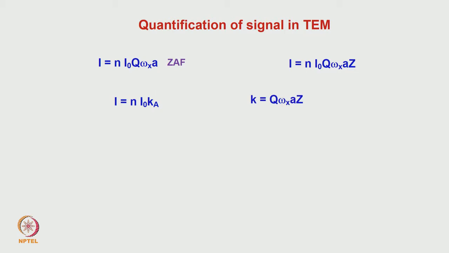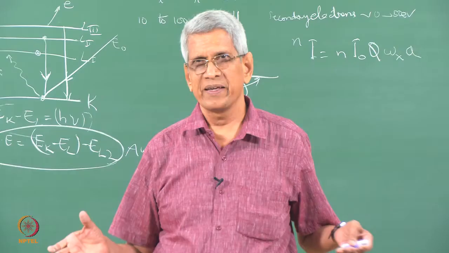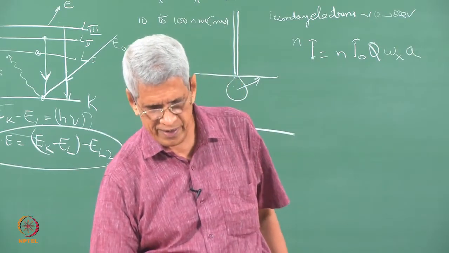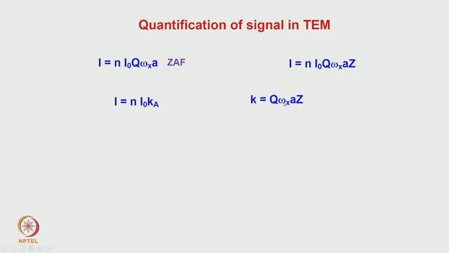This K is a factor which has to be determined. So, this K contains the probability of X-ray yield, the transition probability for the specific peak which we are looking for, then the Z which corresponds to the atomic number of the element, how it reduces the signal strength, and then Q is the probability for core ionization of that sample, all these factors.